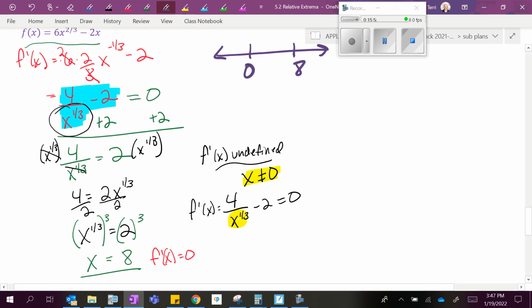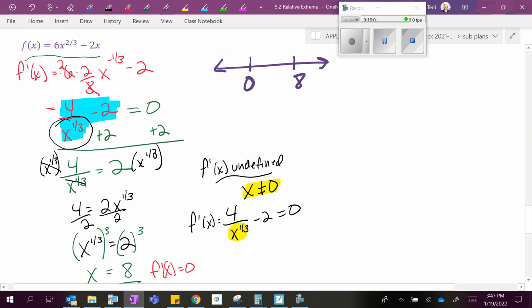Okay, so now we need to check. We've got 3 intervals now. We need to check for a max or a min. So first, I'm going to plug in a number less than 0. I'm going to go with -1, and I plug that into my derivative. The cube root of -1 is -1.